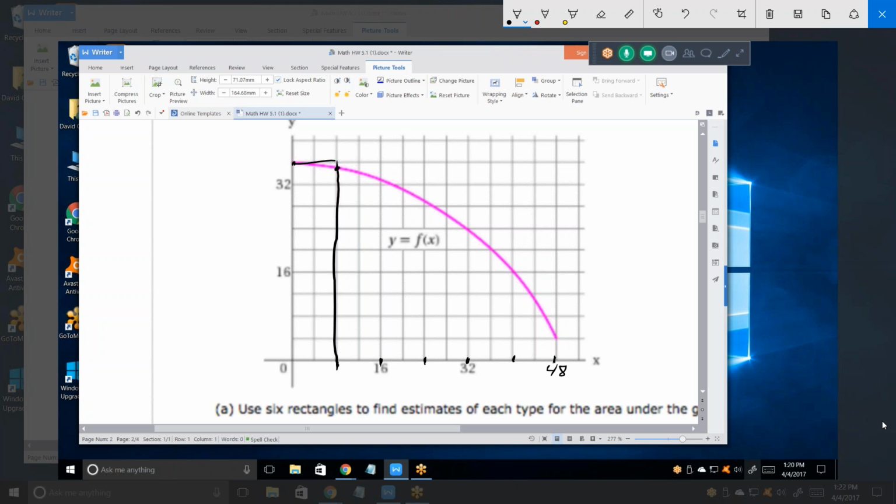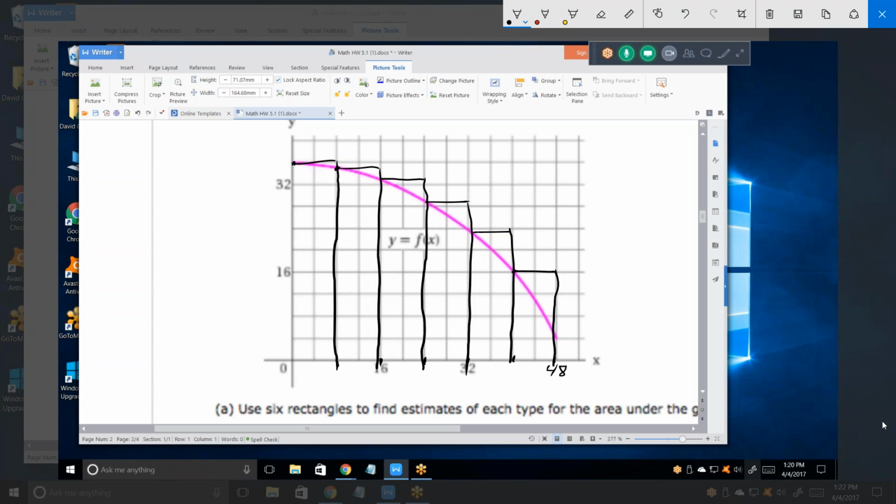There's the upper left corner. Same thing with the third, and the fourth, and the fifth. Notice I'm not always starting on the grid. I'm starting wherever the upper left-hand corner intersects with the curve.